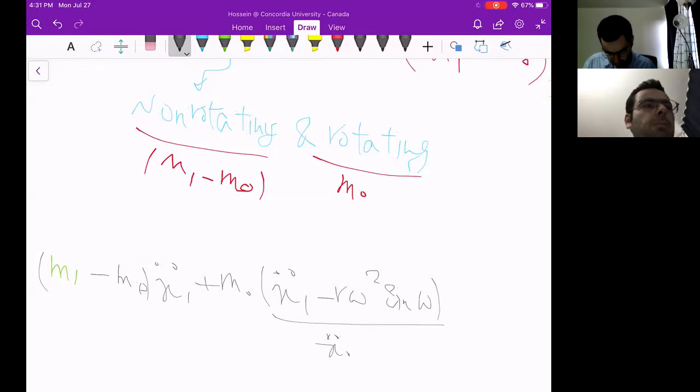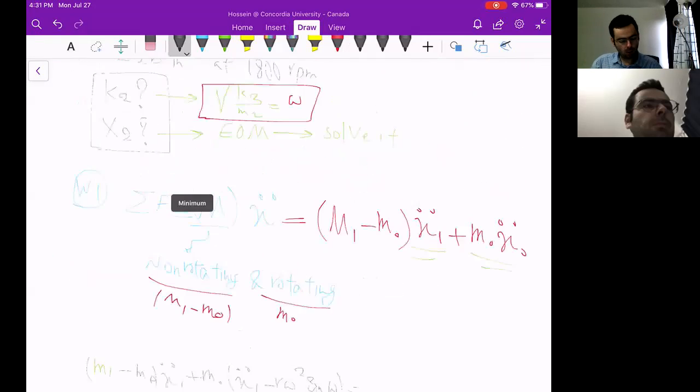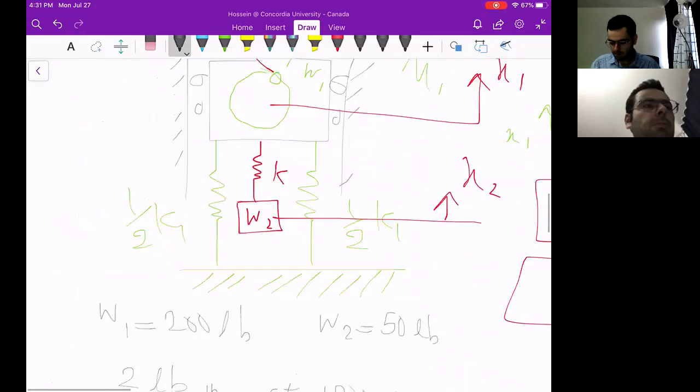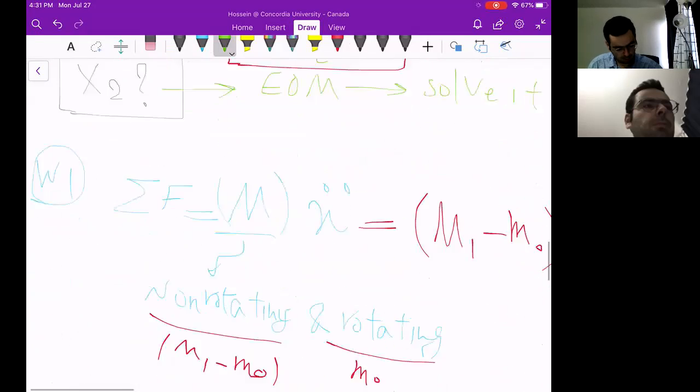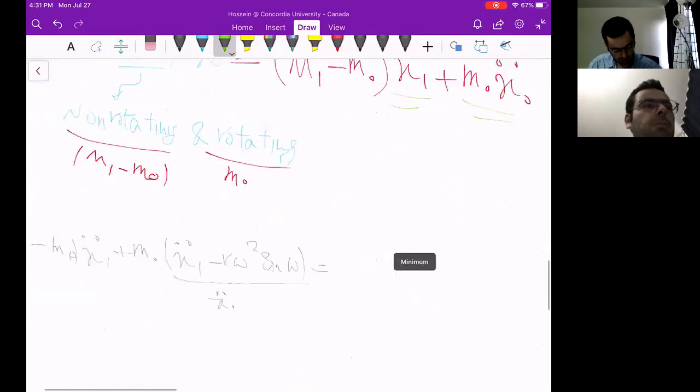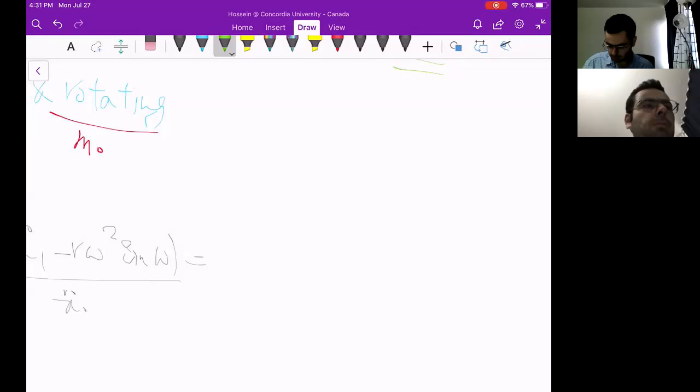This is equal to the sum of forces. If I displace the whole system, mass 1, toward the downside or upside, these two springs will oppose the motion. So on the right hand side, the summation of forces applied to mass 1 would be minus 2 times k1 over 2, the stiffness of each of the two springs, multiplied by x1.